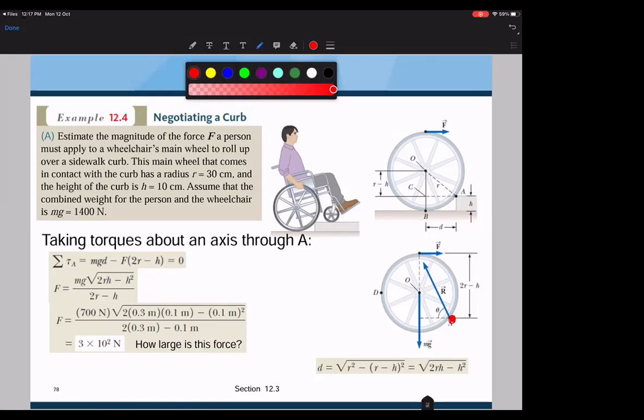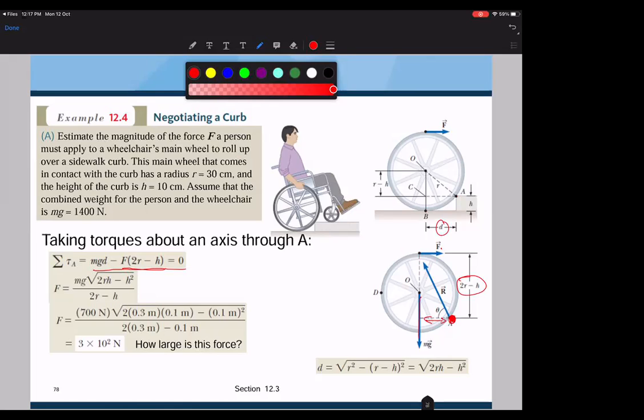So we have the F times (2R minus H) that generates a clockwise torque, and mg times D that generates the anti-clockwise torque. So they are in equilibrium at the breaking point.